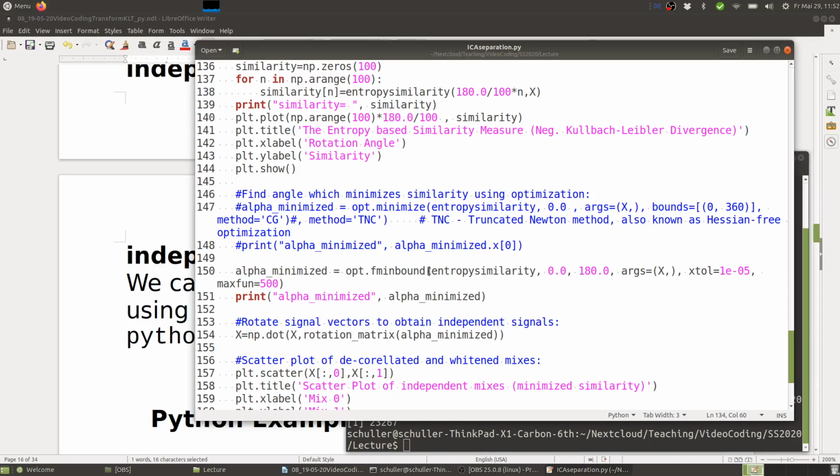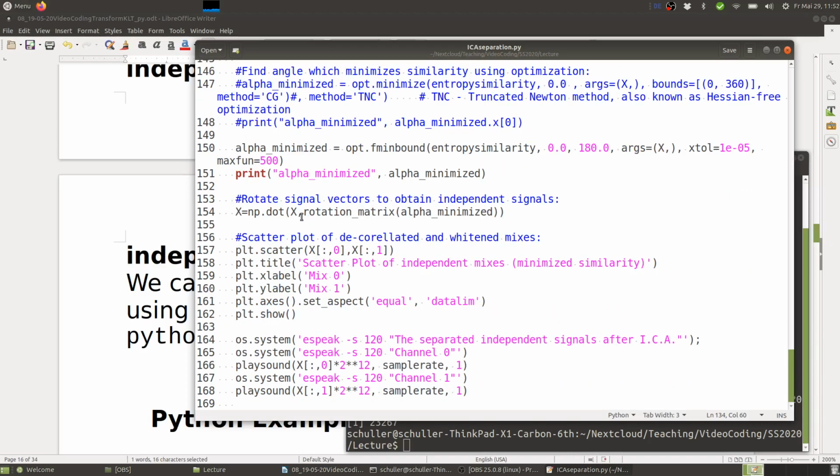So here again it takes this function entropy similarity. It goes from 0 to 180 in this range, has this additional argument x. X contains our signals, and this is the stopping criterion, and this is the maximum number of iterations it uses. Yeah, and then it prints the angle which minimizes the similarity.